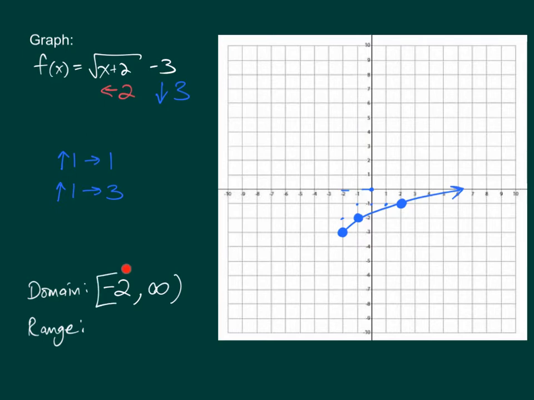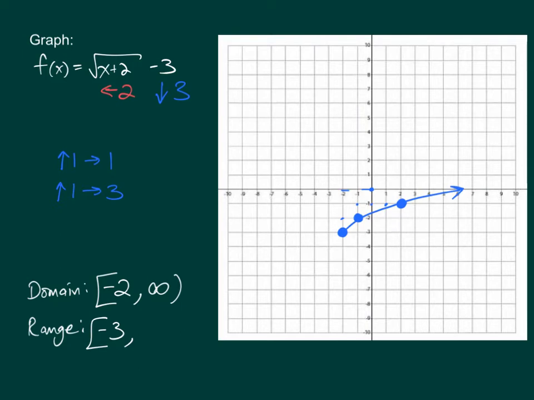And I'm going to put a bracket around this -2 because there is a solid dot, a closed dot right there. The range, on the other hand, is how low does the graph start. So when you come over here, the lowest point, it's going to be a y value, is -3. So I know this range is going to start at -3.